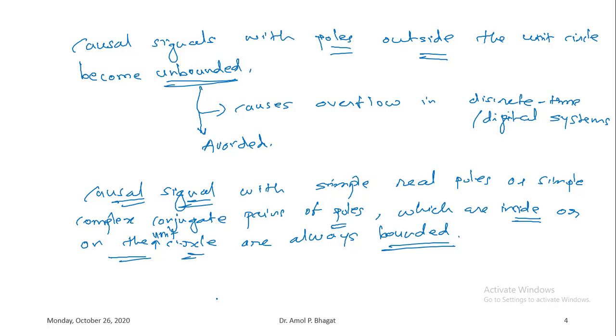Zeros can also affect the behavior of a signal, but not as strongly as poles.